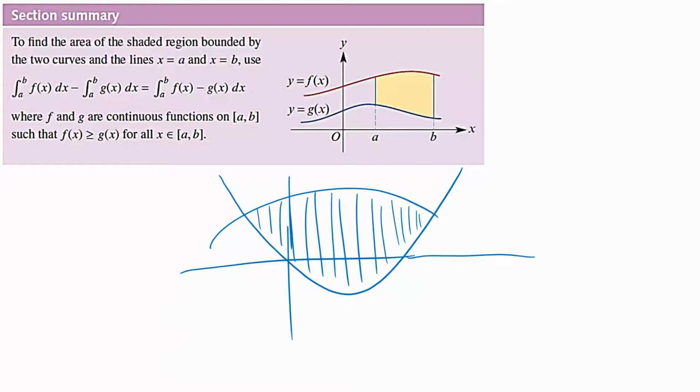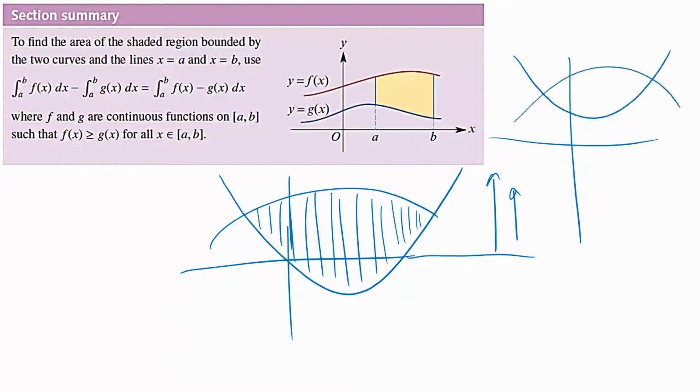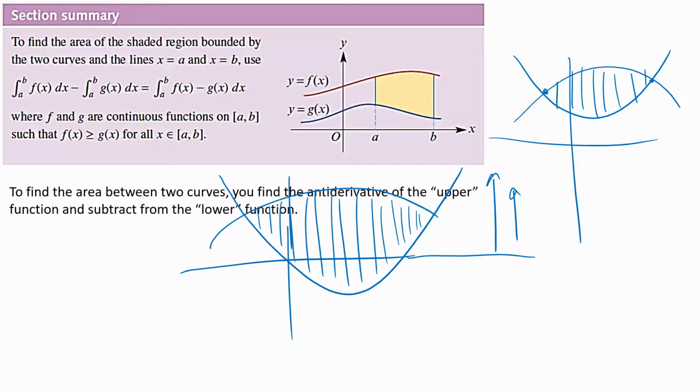If I shift the graph up, let's say, plus another 10, if I move the graph up by 10, translating it, the area between the two curves is still going to be the same. If I translate it down, it's still going to be the same. Nothing changes. The area stays the same.